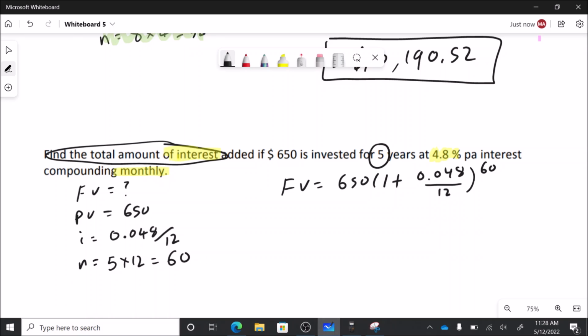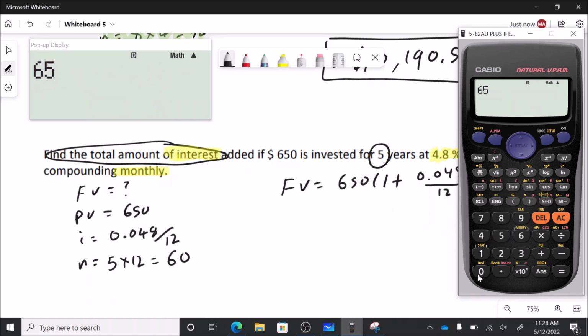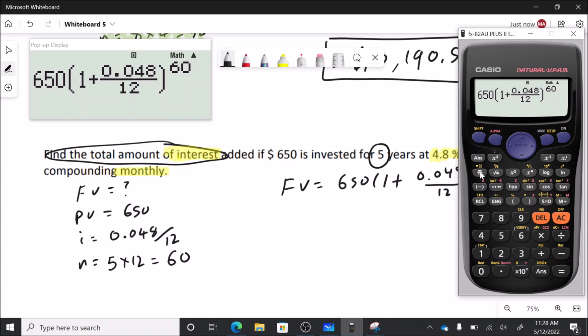So that'll look like this. $650 bracket 1 plus, get the fraction button happening, 0.048 over 12 to the power of 60, which gives us 825 and 92 cents. 825.92.